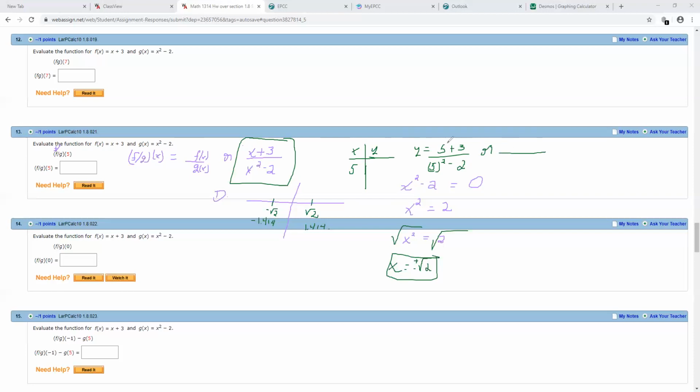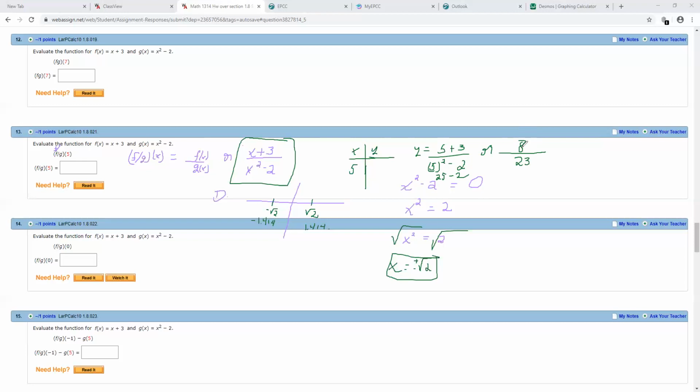So the 5 plus 3 will be 8. 5 squared is 25, minus 2, 23. 8 doesn't go into 23, it goes into 24.